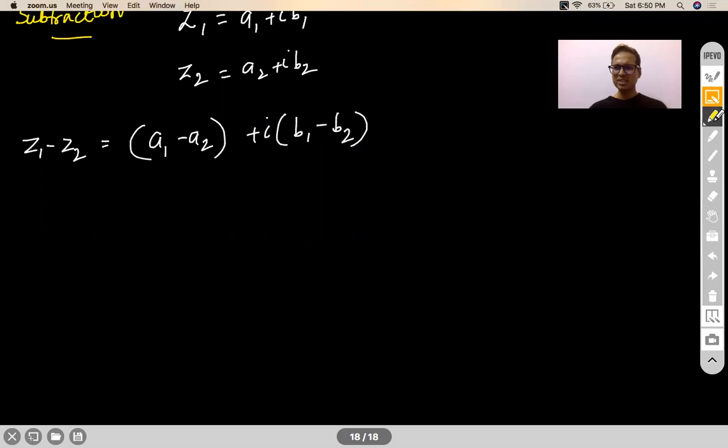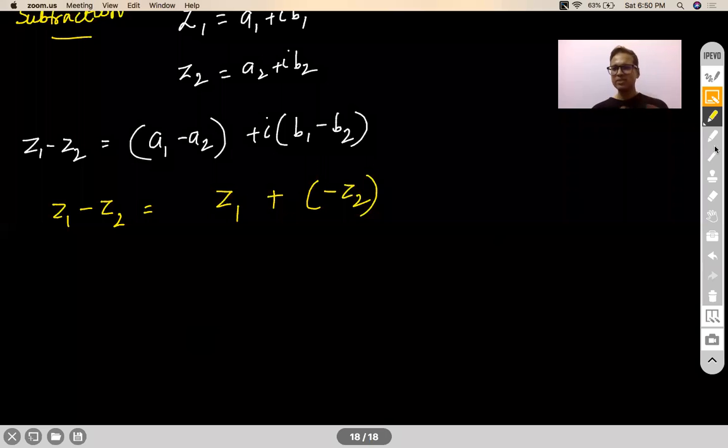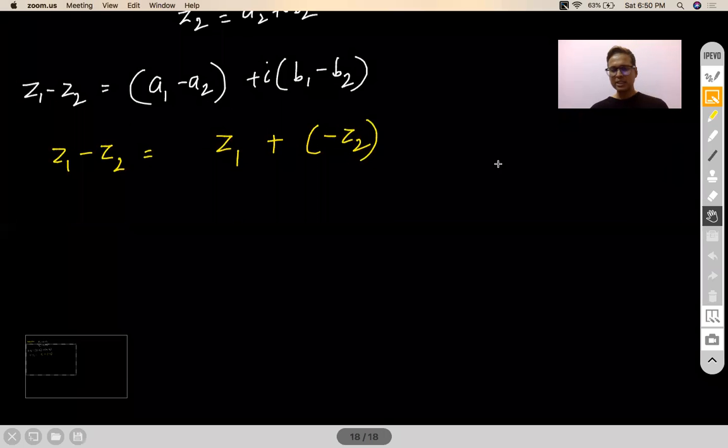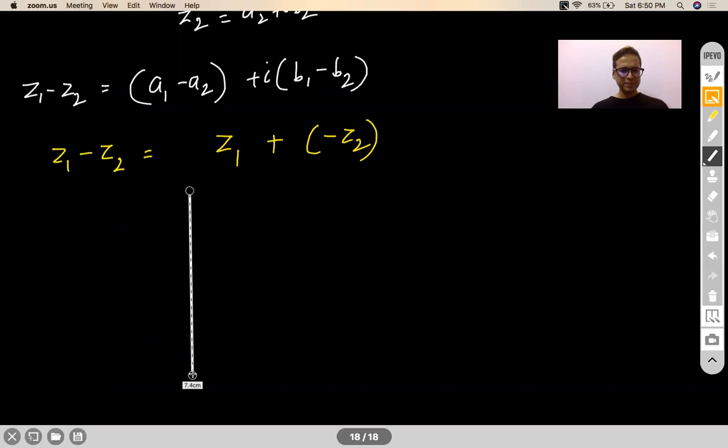See, first let me write this operation like this. It is basically z1 plus negative z2. So when you're subtracting z1 minus z2, you're adding z1 with negative z2, right? So if I represent them, let's say I have this as my z1.